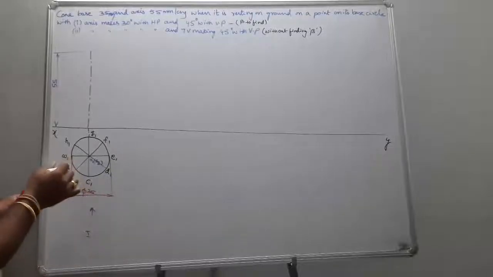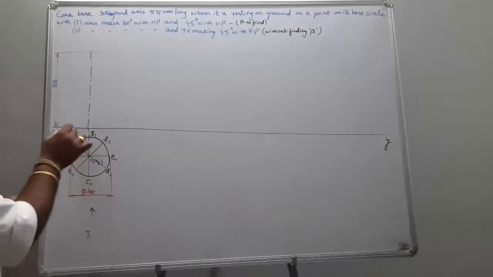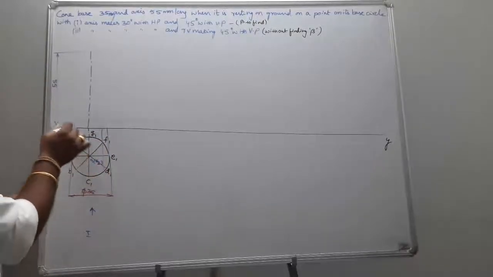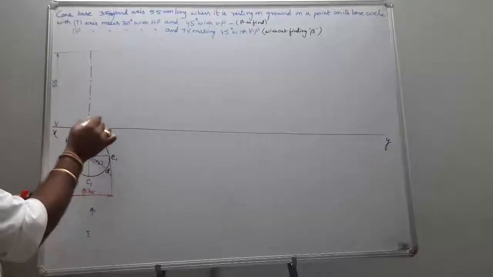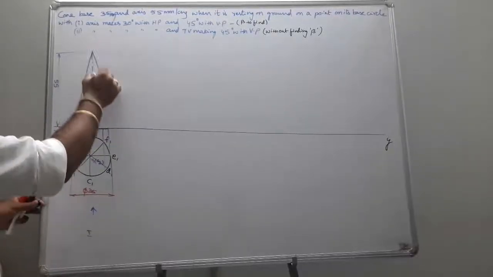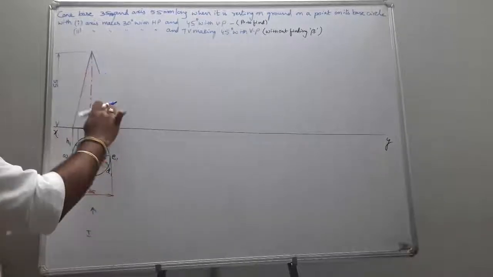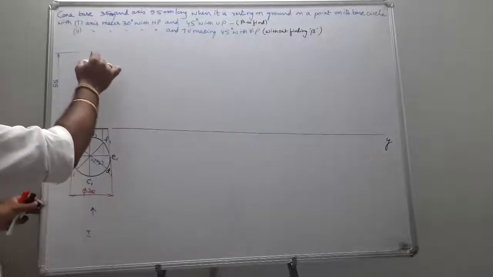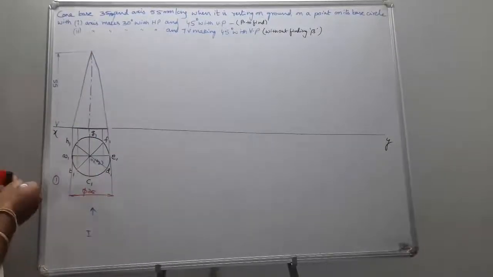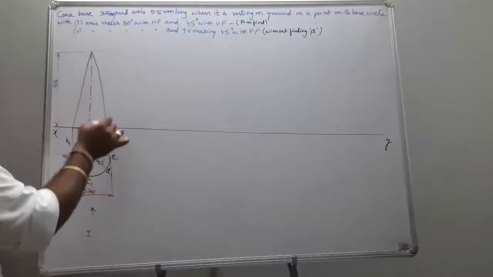When you are supposed to see the front view, A, B, C, D are visible. So draw the projectors and mark these points. The base is completely visible. For the cylinder and the cone, you are supposed to highlight only the end generators, that is only the visible outline.